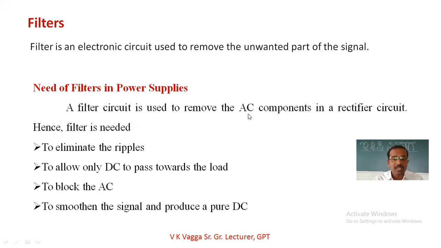In order to remove the ripples, a filter is required. A filter is needed to eliminate the ripples, allow only the DC to pass towards the load, block the AC, smoothen the signal and produce a pure DC. Okay, this is the need for filters in the power supply.